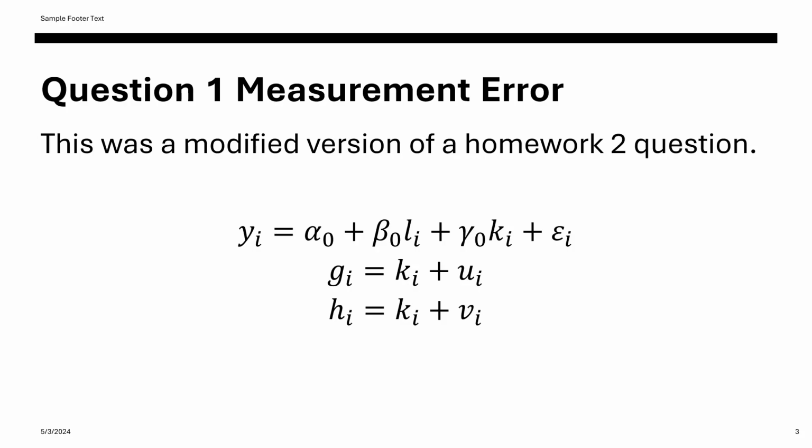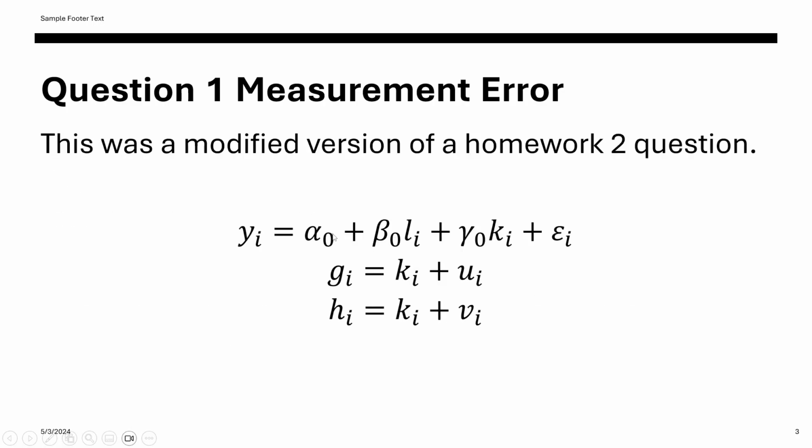So it will be natural to think about this model as a kind of simultaneous equations model. There are three equations I specified in the question, right? This is the production function, which is our main equation, and these are two equations to describe how a measure of capital input is generated, right?